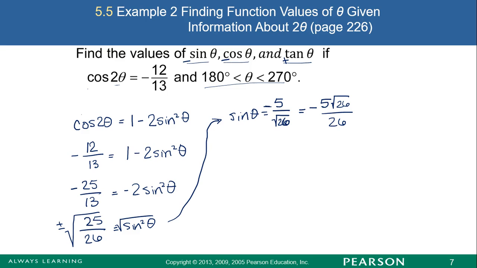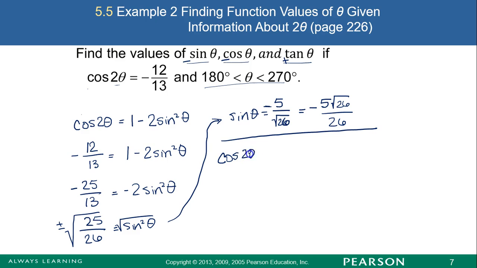Now let's do the same thing again, using the fact that we are given that cosine of 2 theta is equal to negative 12 over 13, we can find our cosine value. Let's just use one of the other cosine double angle identities to do that. So we're done at this point. That's our sine value right there.